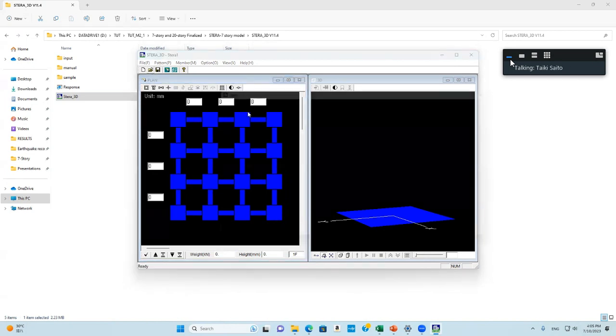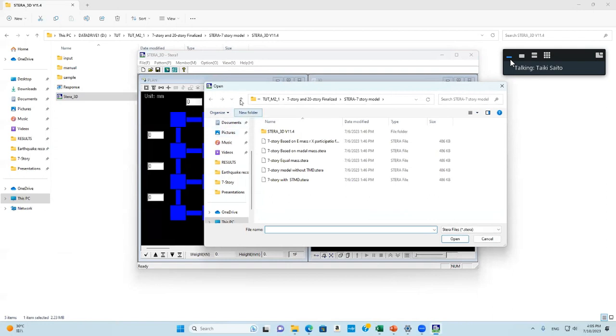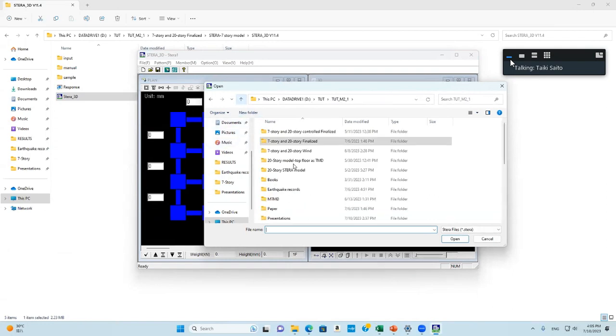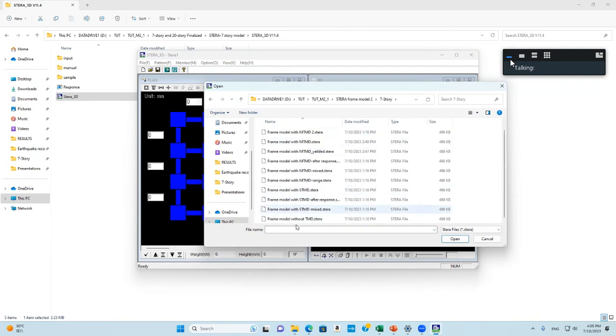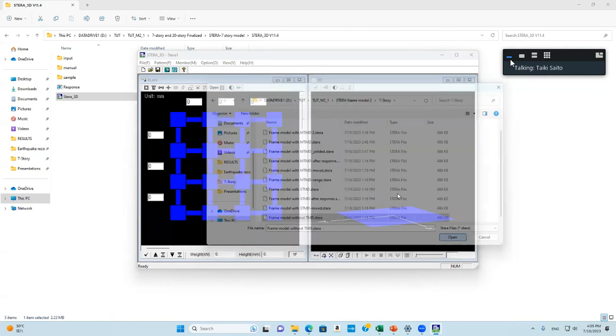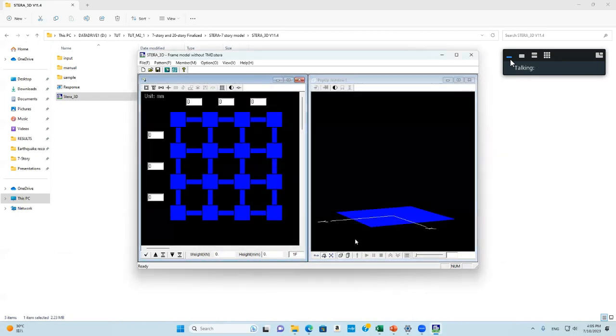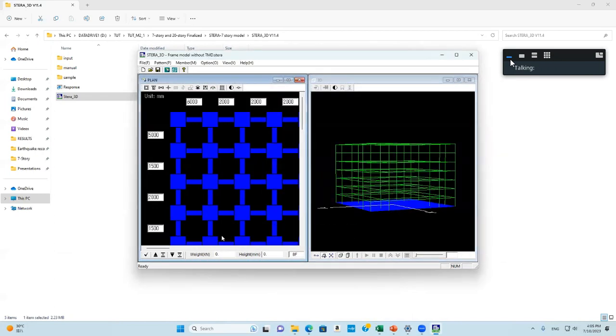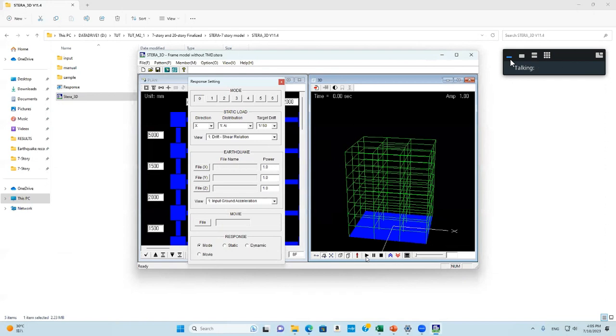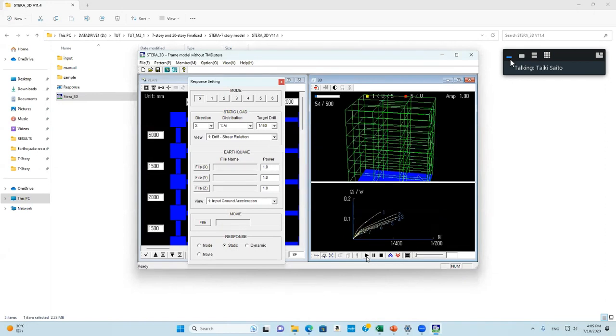Yeah, the frame model, without TMD. And could you do pushover? And could you output?